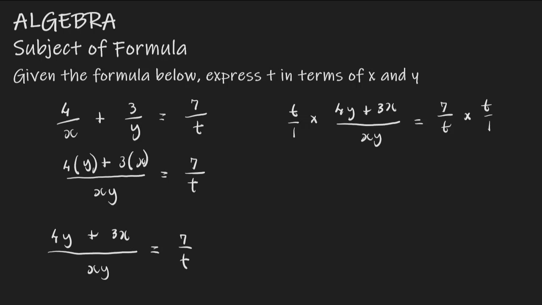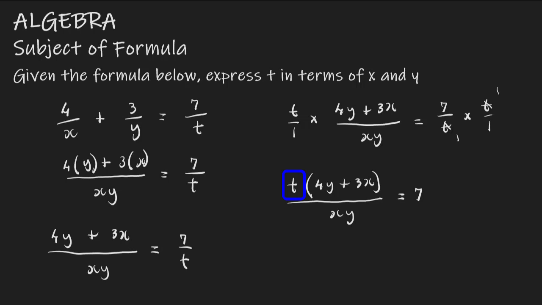On the left-hand side, when I'm multiplying fractions, it's simply multiplying the numerators and multiplying the denominators. So I get t times (4y plus 3x) divided by 1 times xy, that is xy, and that is equal to, on the right-hand side of my equation, I notice I have t in my numerator and t in my denominator. The two of them will divide into each other, and that is equal to 7.